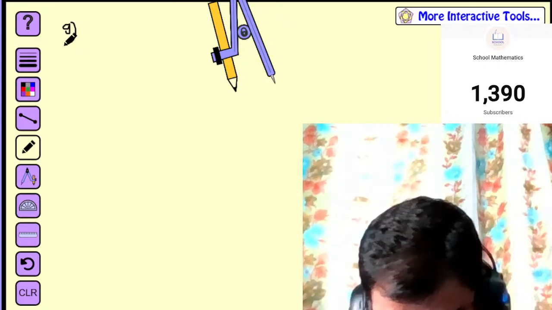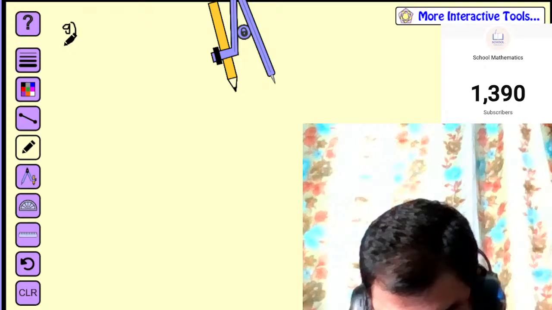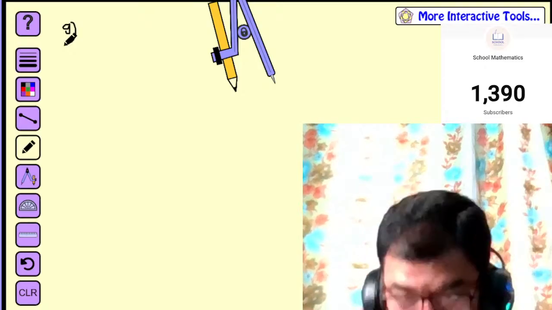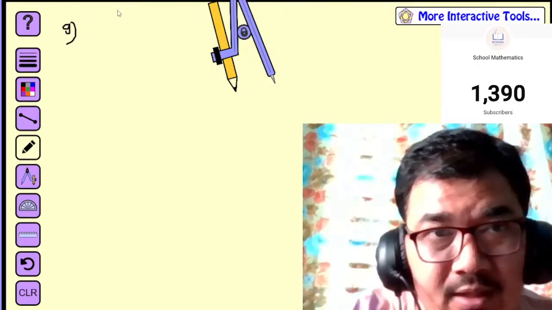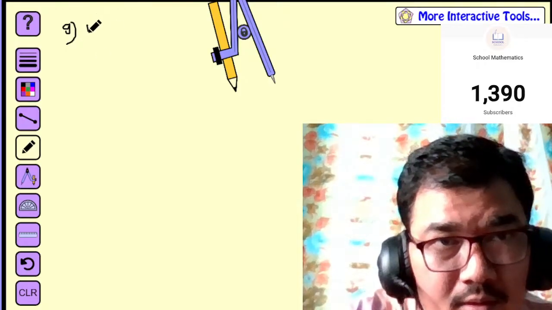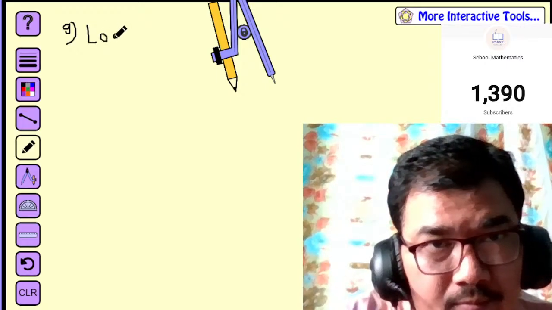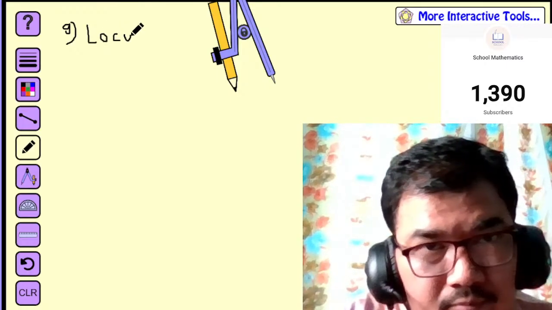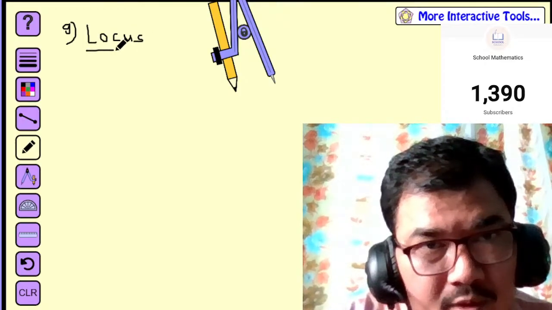Okay, some of the students are asking about the locus. What is the meaning of locus? Look there. I want to explain about locus.